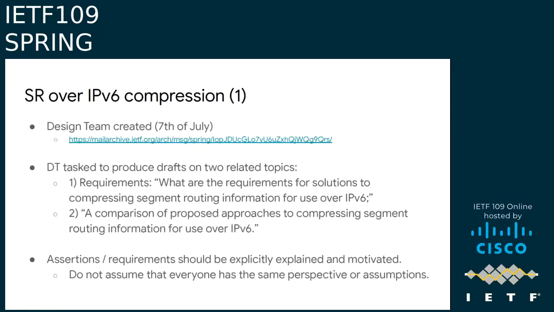The first was to come up with the requirements for solutions for compressing segment routing information for use over IPv6. And the second was to do a comparison of the proposed approaches that we've already got in terms of individual contributions into the working group, and present that information as input to the working group to be able to make some decisions on how we move forward with this work. Next slide, please, Bruno.